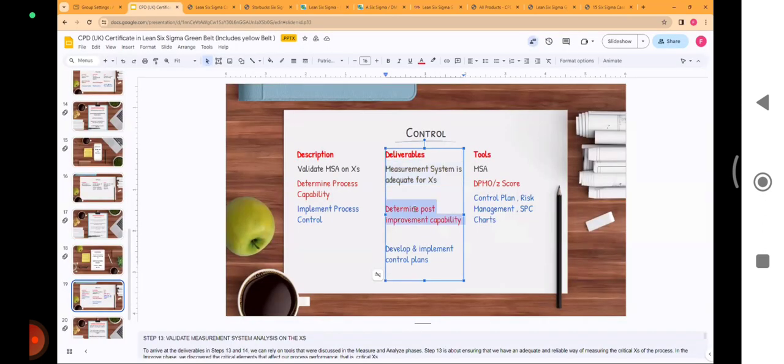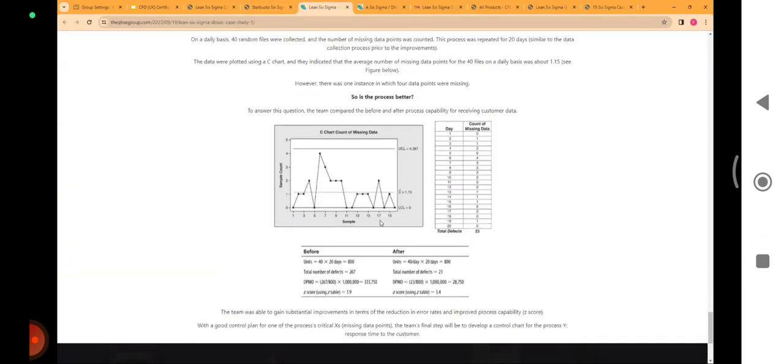So what do you need to do now? We now need to determine post-improvement capability. Is this process actually any good? For those 20 days, the process capability, they said for 800 credit card applications, we had 267 defects. So the Z-score here was 1.9, or the defects per million opportunities was 333,750.